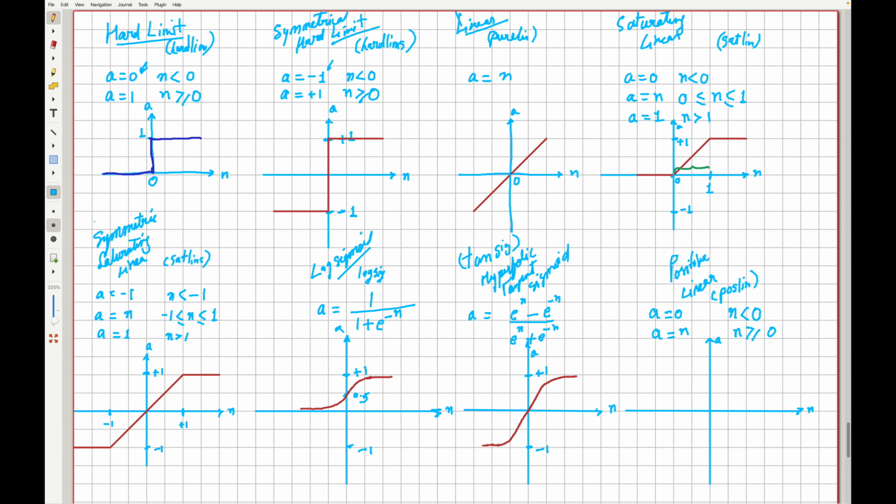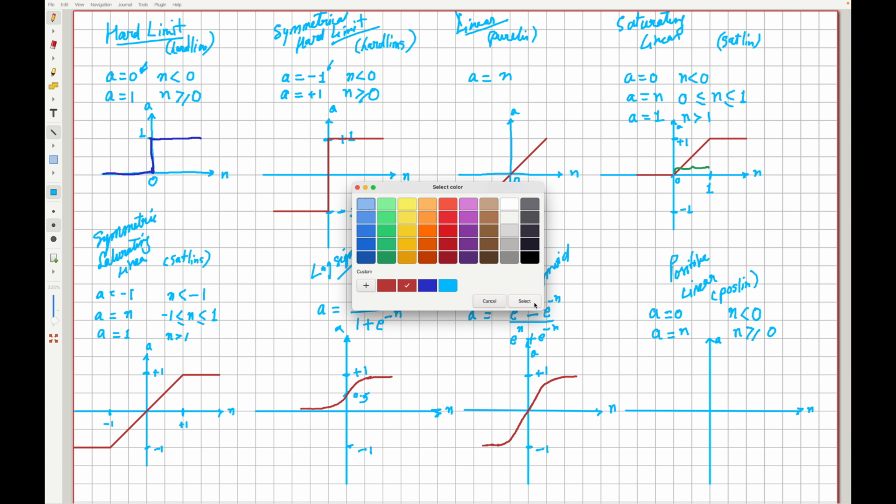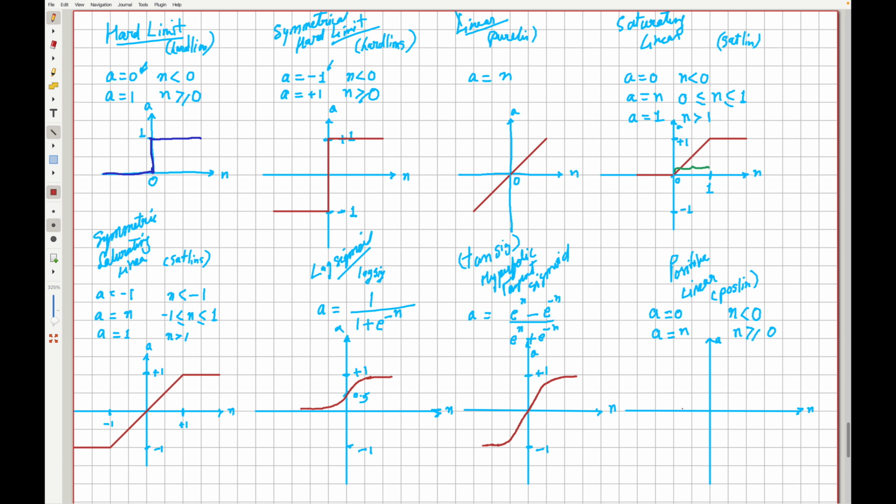As the values above suggest, if we have values of n less than 0, a is going to be 0, so it would be something like this. And when the values of n are greater than or equal to 0, then we would see the values of a increase that way.